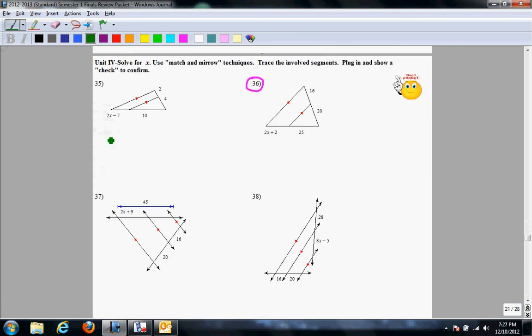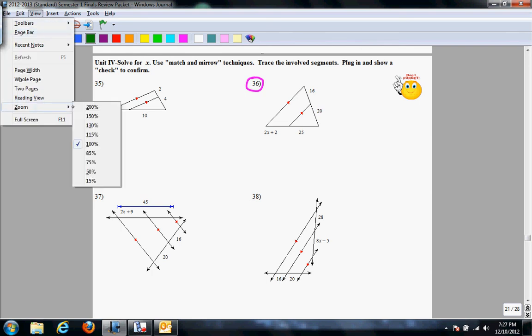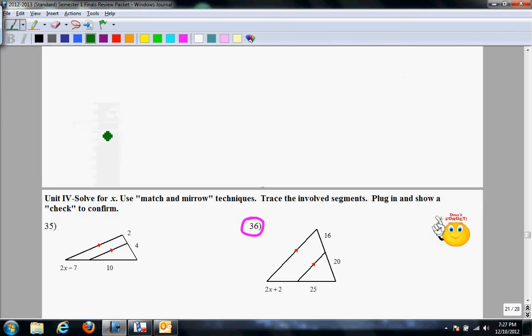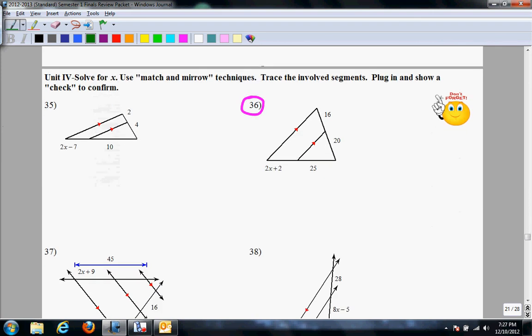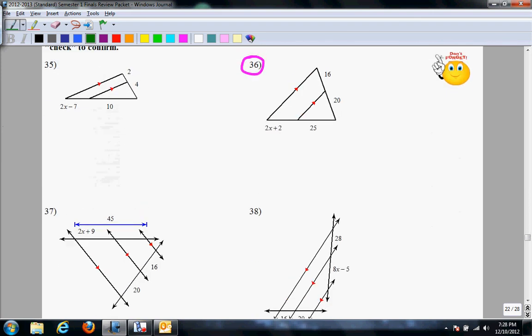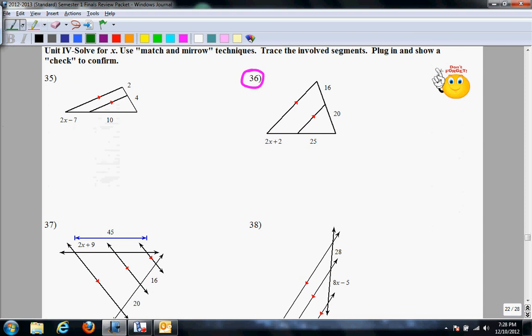Okay, in 36, 37, 35 through 40, when you're dealing with proportional sides, these are the kinds of things you want to look for. Step 1, the name of the game is match and mirror. That's the most important step, is to make sure you match sides up and mirror the proportions.